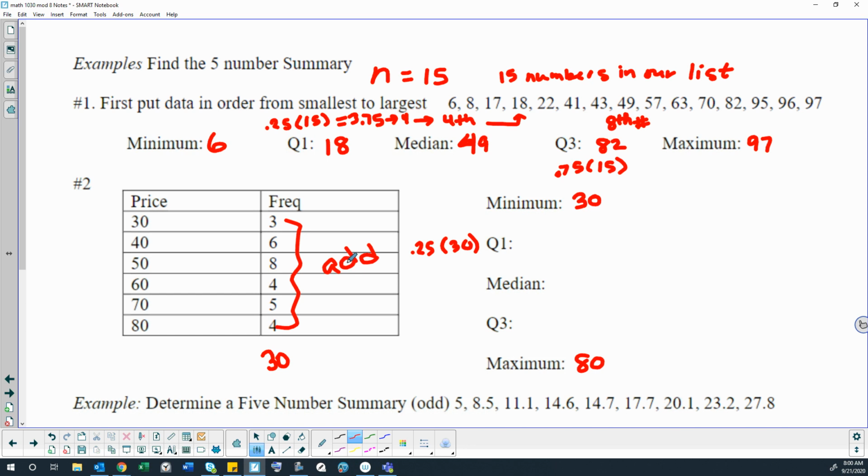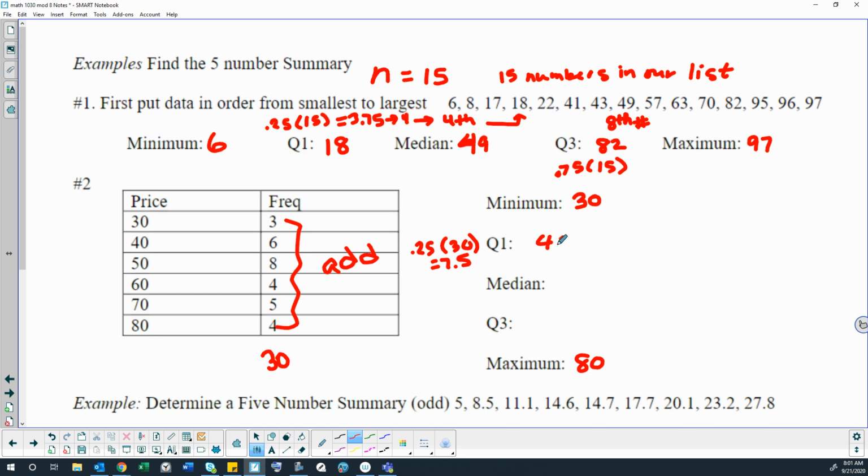So then for quartile 1, we're going to do 0.25 times 30. And we get 7.5. So this is the first 3 numbers. This is the next 6 numbers, right? So that is numbers 1, 2, and 3. And then this one is numbers 4, 5, 6, 7, 8, 9, and 10. So 7.5 rounds up to 8. What would our 8th number be if the 40 takes us clear up to number 10? 40.